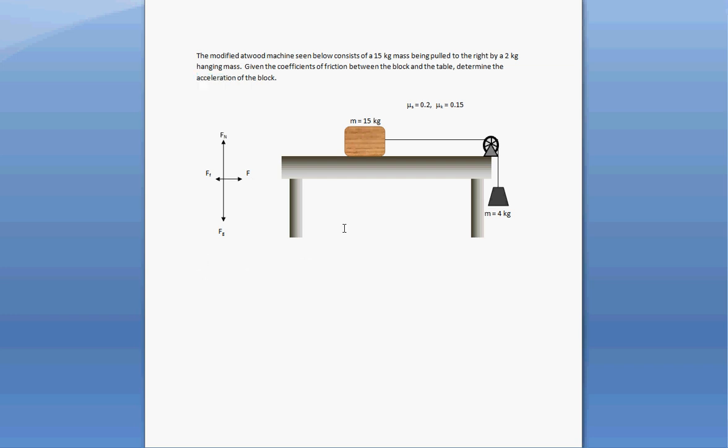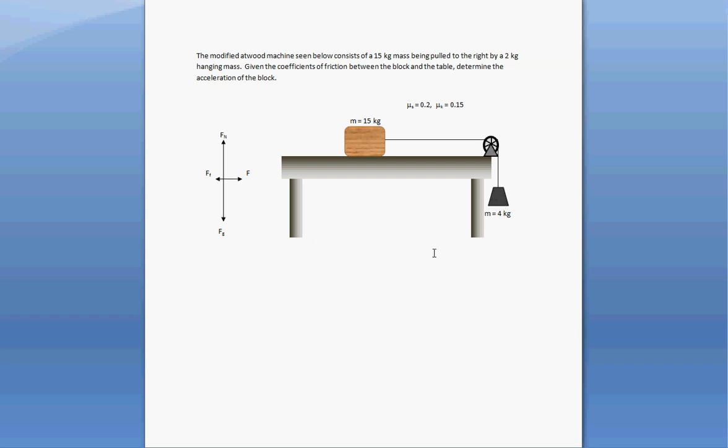So first thing we're going to do is determine if the block actually does accelerate or not. To do this, we're going to try to find out if this force is larger or smaller than this force. So first thing to do is figure out what is this force pulling the block to the right. Well, the block is being pulled to the right due to the force of gravity on the hanging mass.